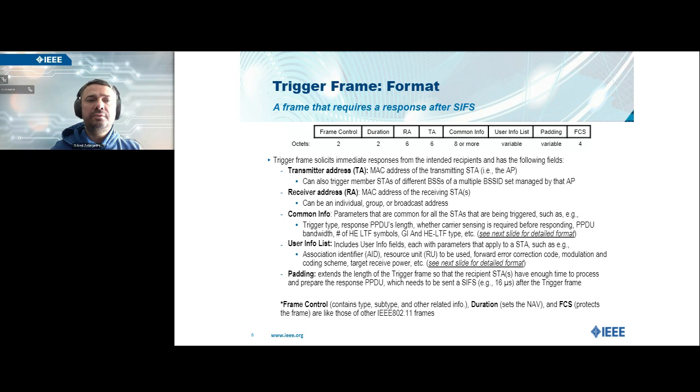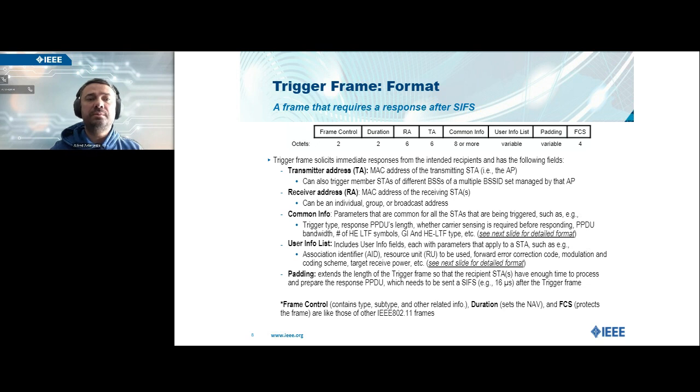Then we have the common info field that contains parameters that are common for all the stations that are being triggered. For example, the trigger type, which in general determines the variant of the trigger that we will discuss in more detail in the next slides.